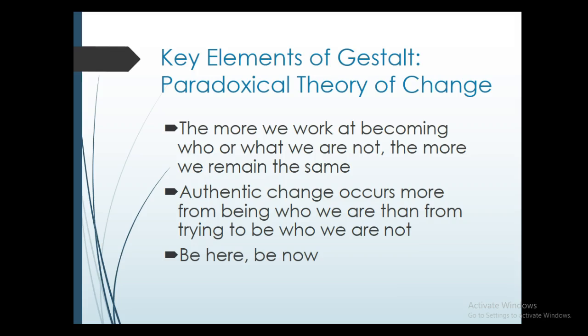Okay, so that idea of I have this problem, or I'm not this way, and I'm going to try really, really hard to be this way. But that focus can keep us from changing, when in reality all we need to do is focus on ourselves. Okay, so be here, be now, be who we are, and really strive to be integrated. And that focus will allow us to move forward. Okay.